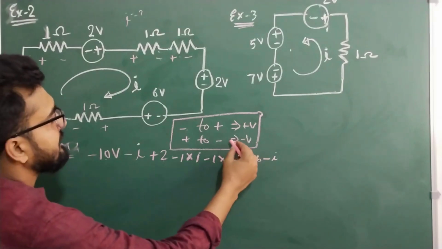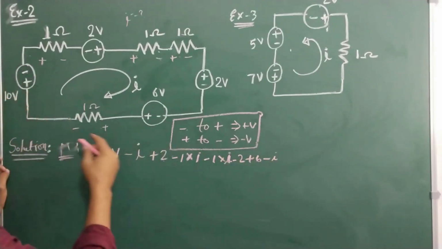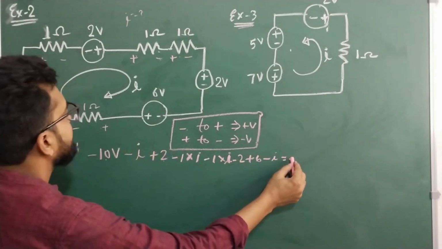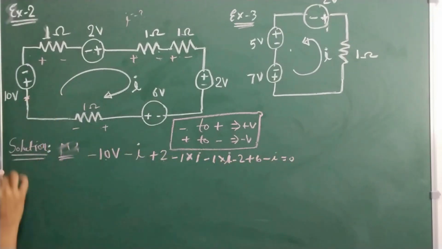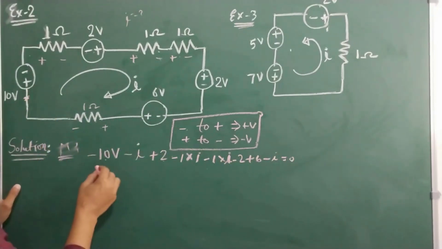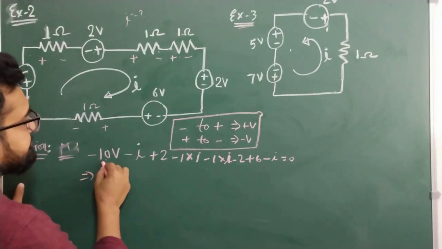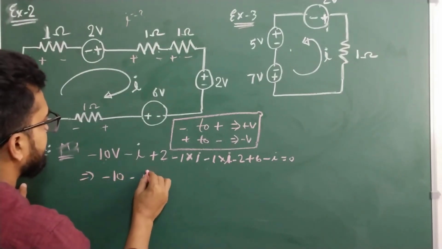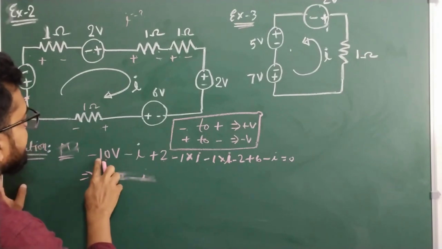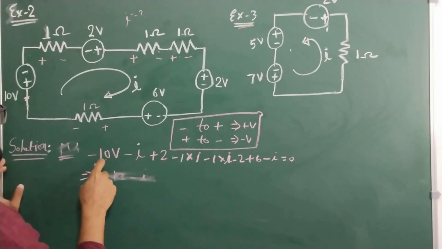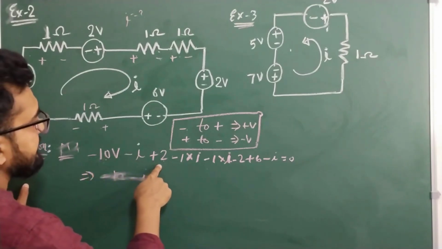So finally that gives us 0, right? We started from this point and came back to the same point. Write down all the voltages first. So minus 10 plus 2, minus 8.